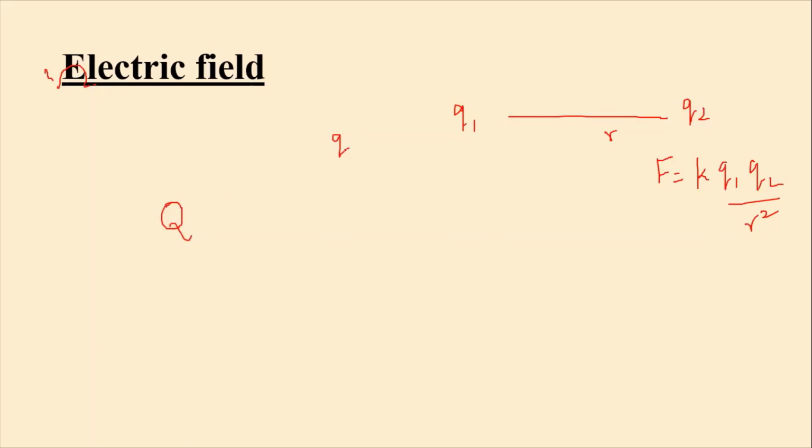At a particular distance, we will experience a force of repulsion or attraction based on the nature of this charge. This repulsion or attraction is due to the fact that this charge is experiencing a force from that charge. Unless we bring this charge, we don't experience any force there.